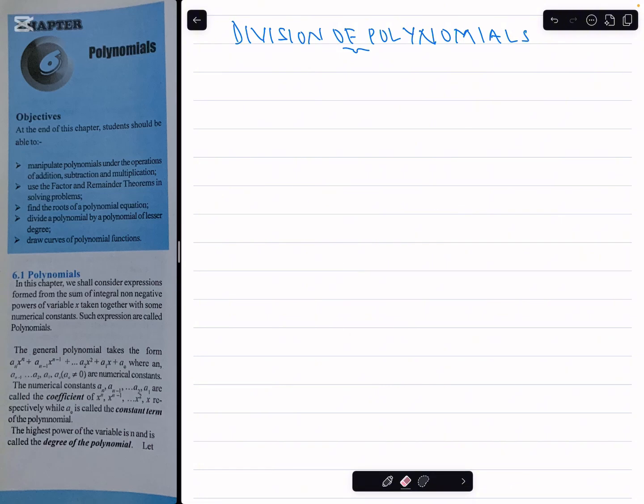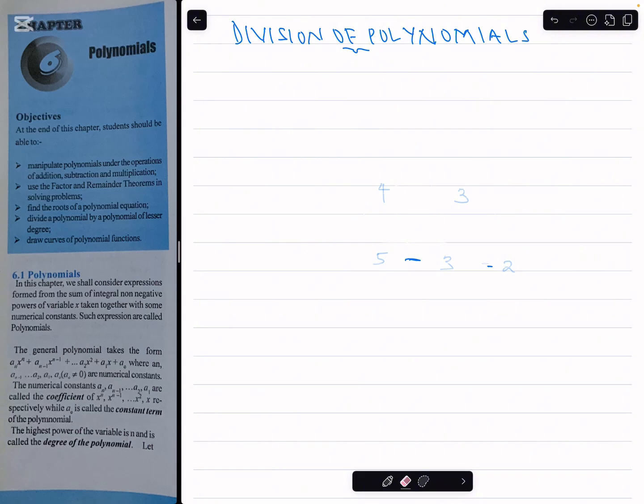In other words, if you are dividing a polynomial of degree 4 by a polynomial of degree 3, the result is going to be a polynomial of degree 4 minus 3, which is 1. If you are dividing a polynomial of degree 5 by a polynomial of degree 3, the result will be a polynomial of degree 5 minus 3, which is 2.